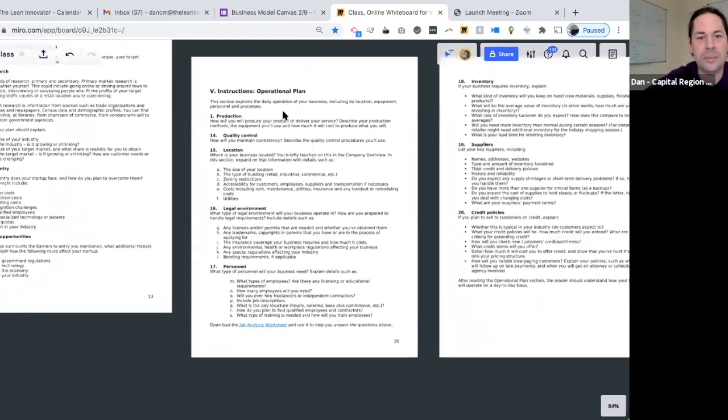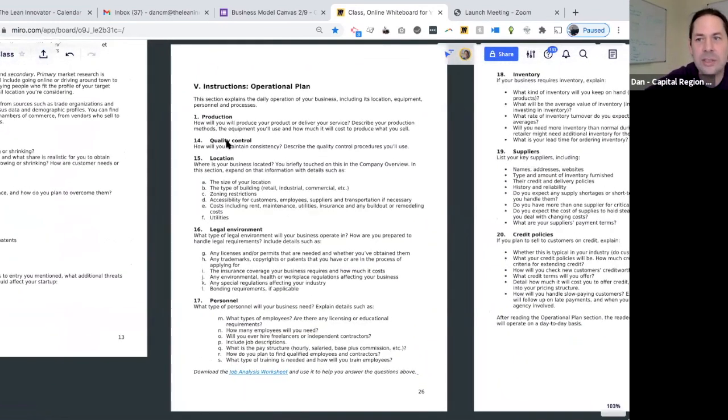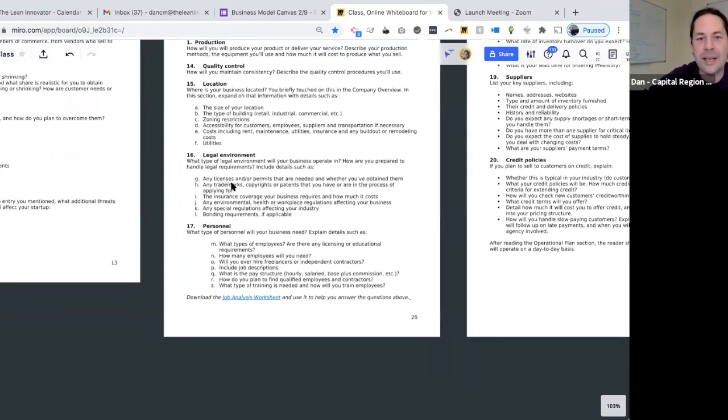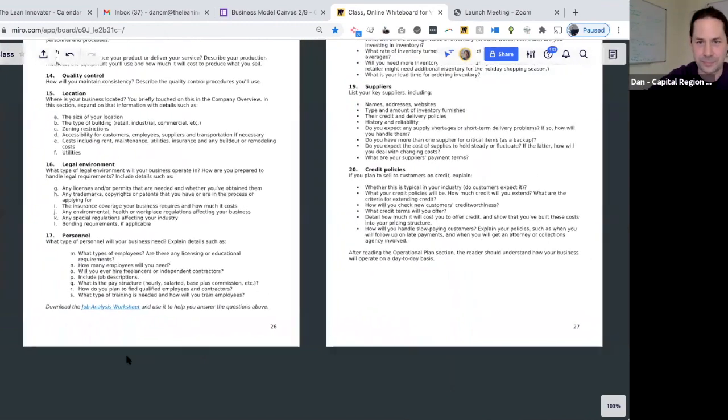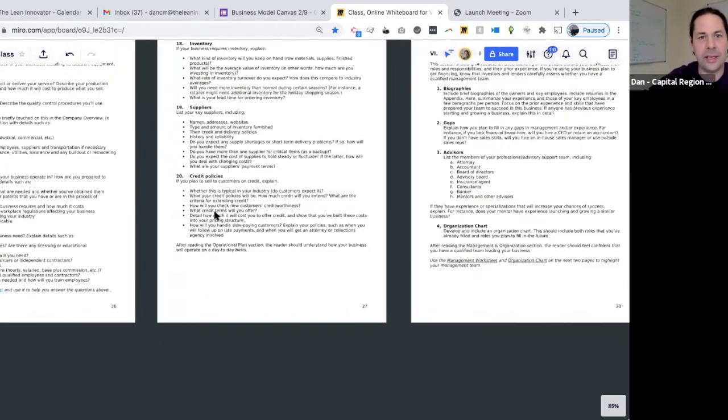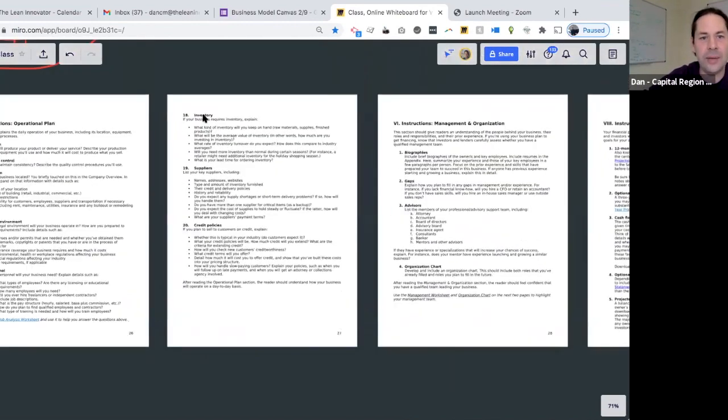Next is operational plan. Quality control. This is just a procedure of how I actually do the things, my key activities, with those key resources that I have. Location. Okay, what kind of setup do I have? Well, my key partner told me which entity type I want to have, right? Personnel, we just talked about that, if they're contractors or employees, that kind of thing. Let's look over here. Oh yeah, we did talk about inventory.